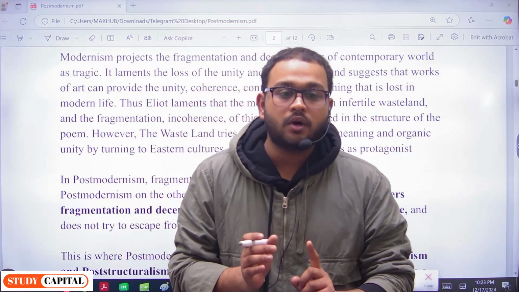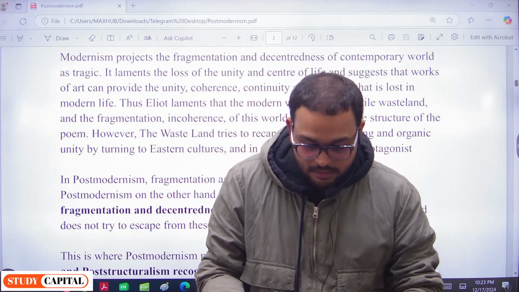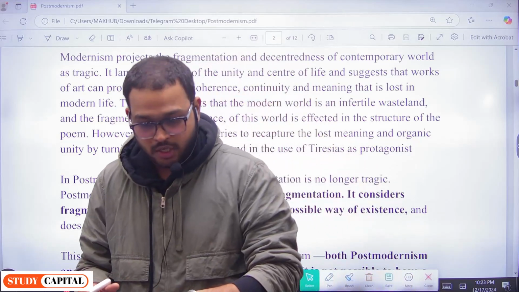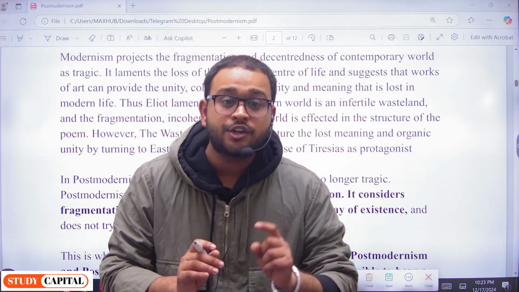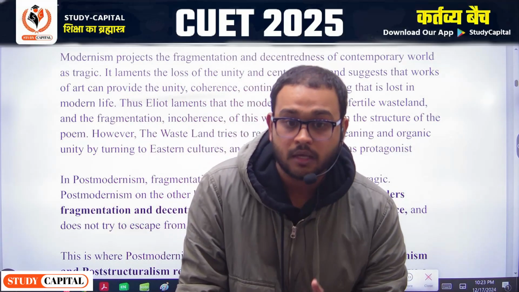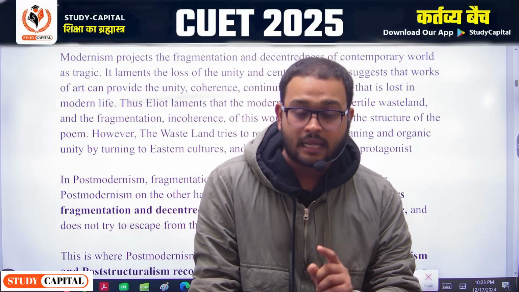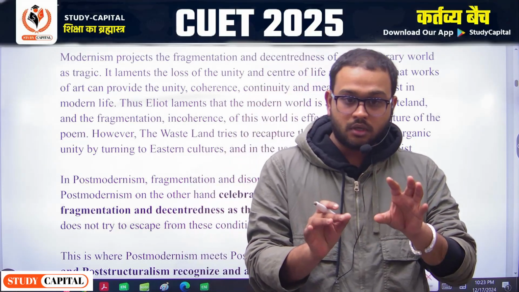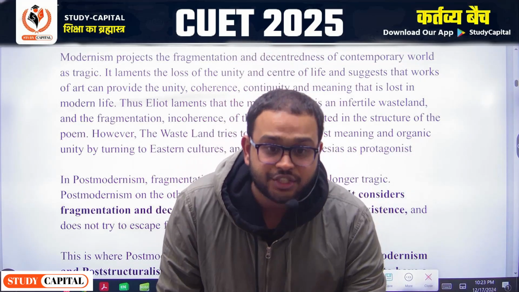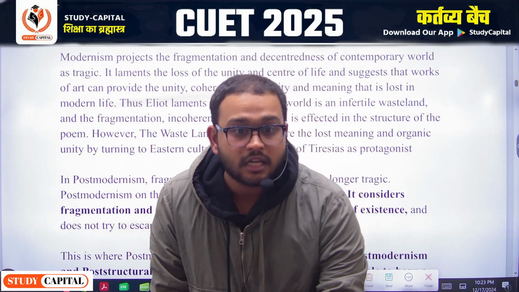This is one thing. That means modernism finds this fragmentation, this loss of unity as tragic. This is a very important point. Please understand that the element of fragmentation, the element of loss of unity is considered as tragic, and that's why they are looking for a solution.